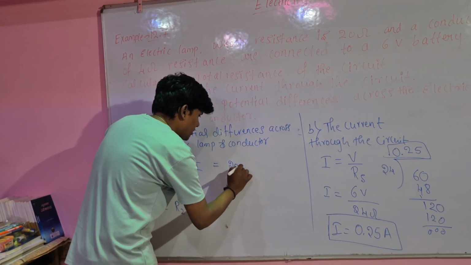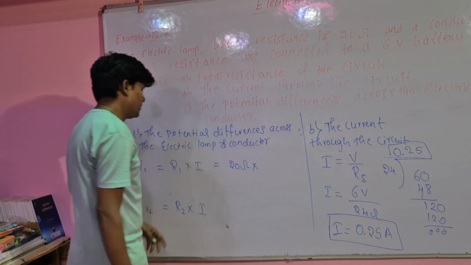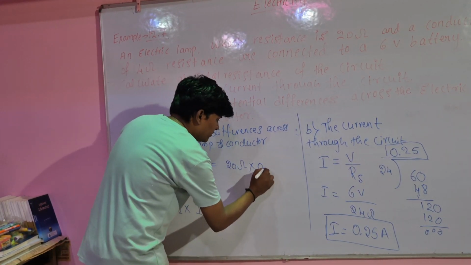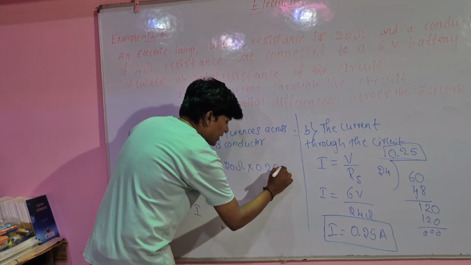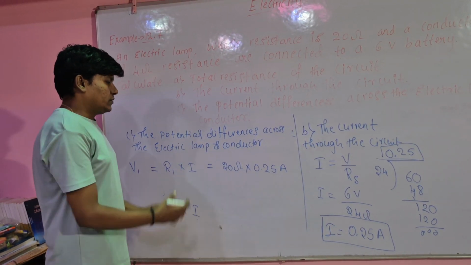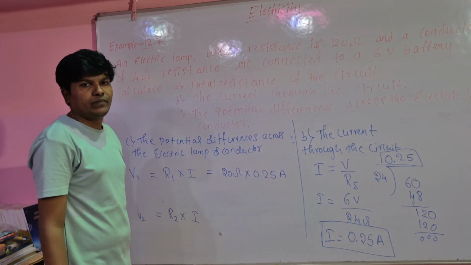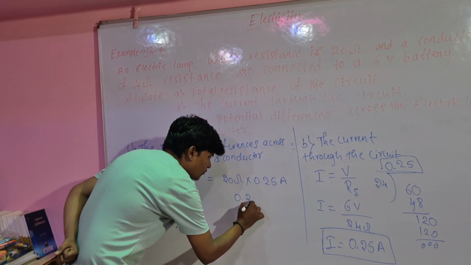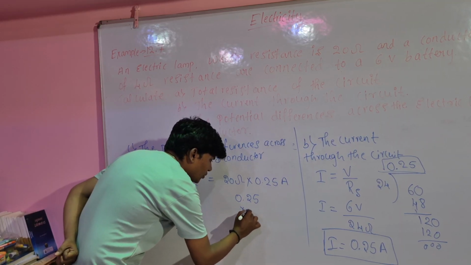So 20 ohm into I, and I is 0.25 ampere. Simply, we take 0.25 into 20.